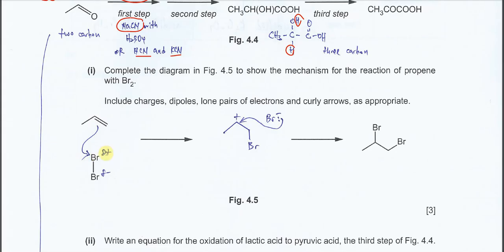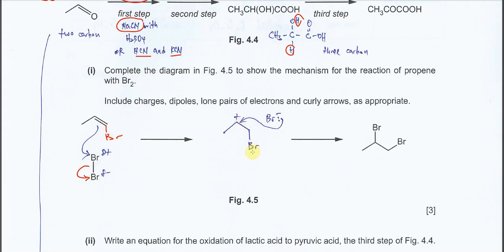After that, another thing you have to show is the Br-Br bond breaking, and these electrons will move to the bromine and form bromide here.